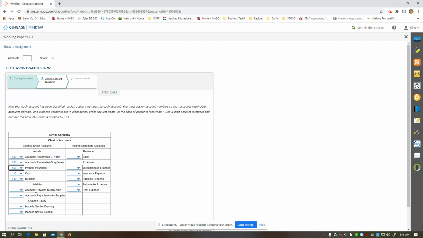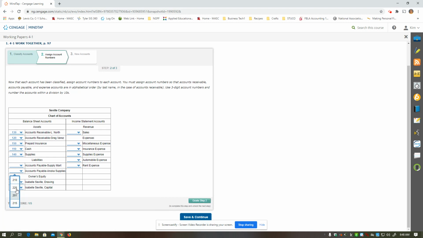Liabilities. The first one you have is Anoka Supplies, and there are 200 accounts, so that should be 210, and accounts payable Supply Mart should be 220. Capital always goes first here, so that's 310, and drawing is 320. Sales, there's not much of a choice here, but we go with 410. Go by tens. So now we have miscellaneous, insurance, supplies, automobile, and rent.